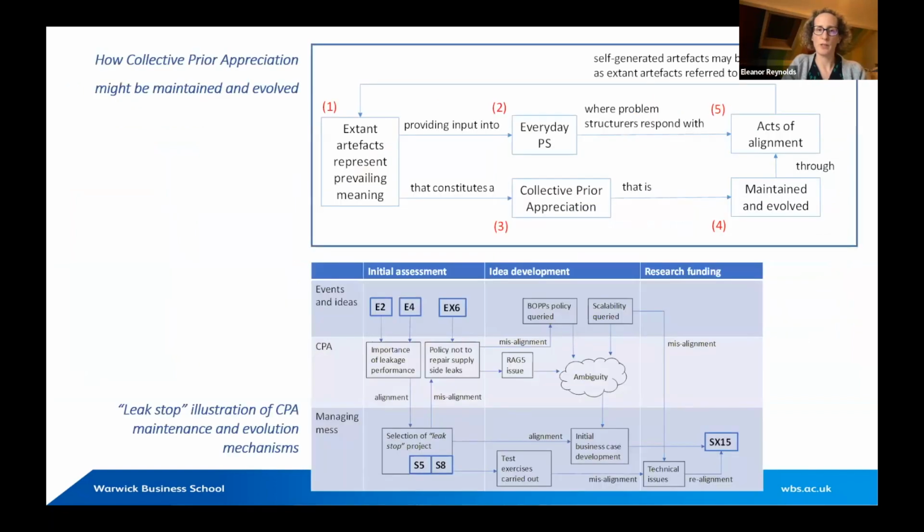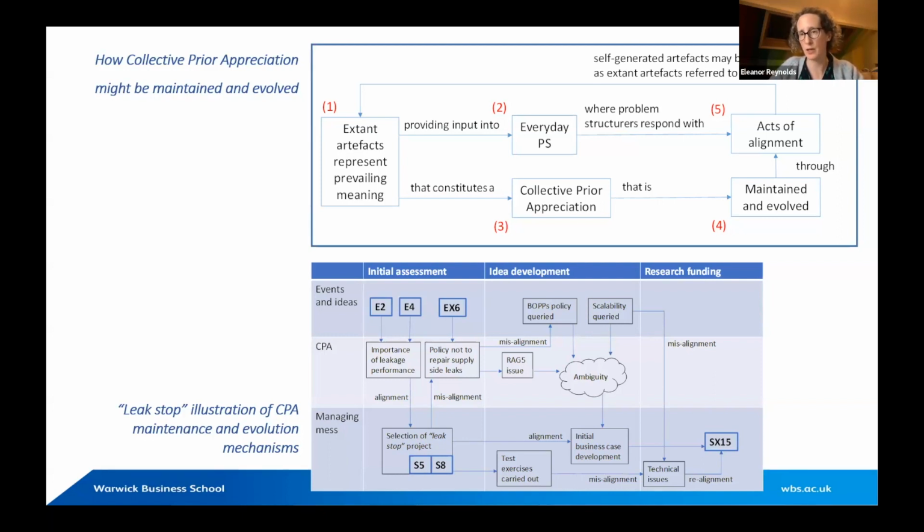And finally, really the very last piece of analysis, again using the leak stop illustration, I was thinking about how these acts of alignment enabled that maintenance and evolution. So they're providing an input to the everyday problem structuring dialogue, but they are also constituting a collective prior appreciation that's maintained and evolved as it is used in the problem structuring dialogue.